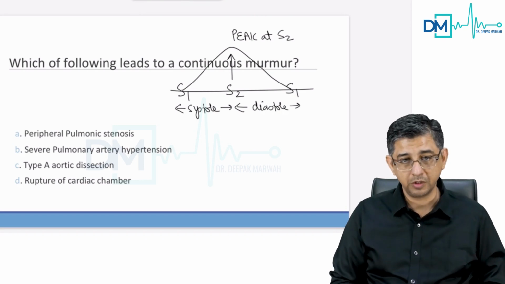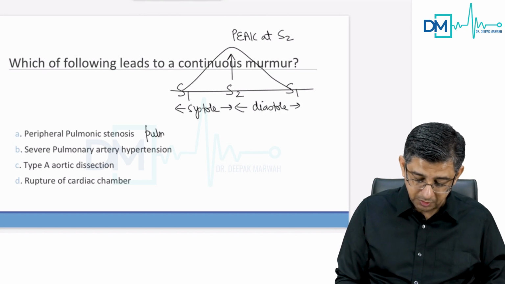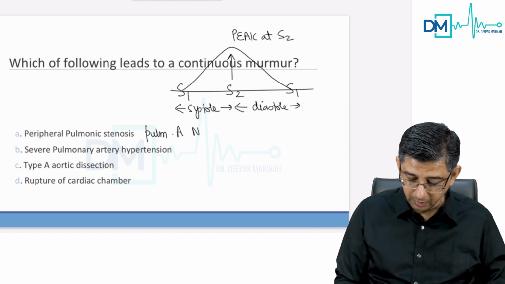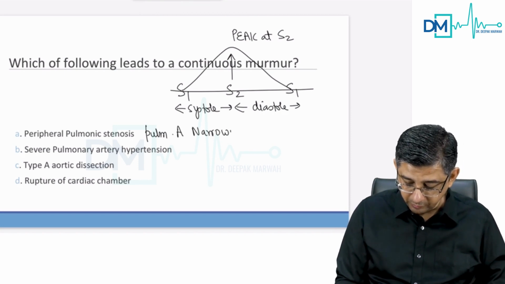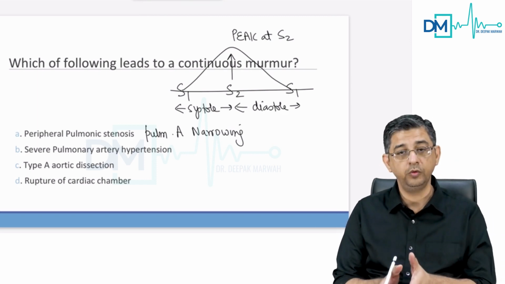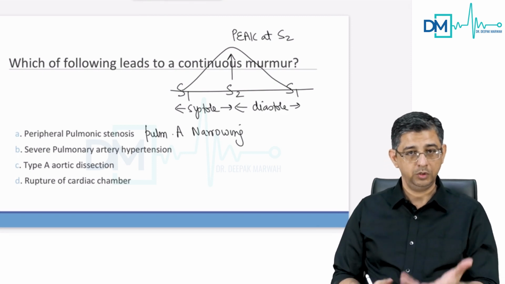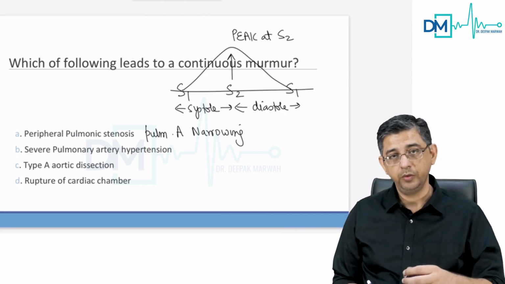Now let's take up the first option, peripheral pulmonic stenosis. It basically means, in simple English, that there is a narrowing of the pulmonary artery. And you see, guys, blood flows through the pulmonary artery whether it is systole or diastole. Blood has to flow into the lungs in both systole and diastole. How would the blood flow in systole? The power of the heart. And how would the blood flow in diastole?